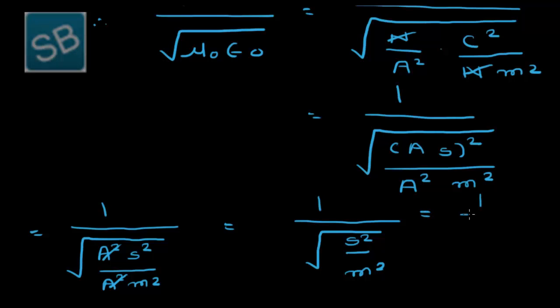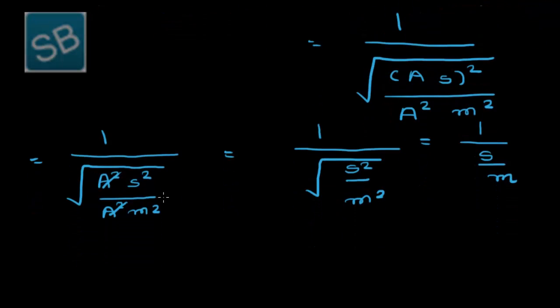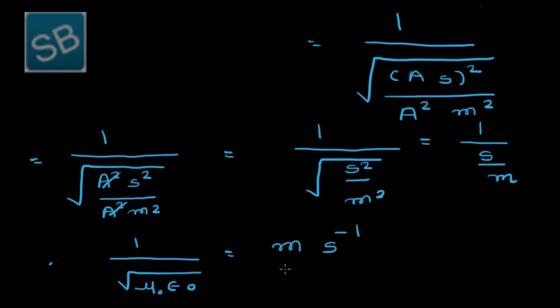So this is basically 1 over S over M. So denominator of denominator will come into numerator. So 1 over under root mu 0 epsilon 0 is equal to meter into second inverse. So this is the unit of velocity, and hence the task has been completed.